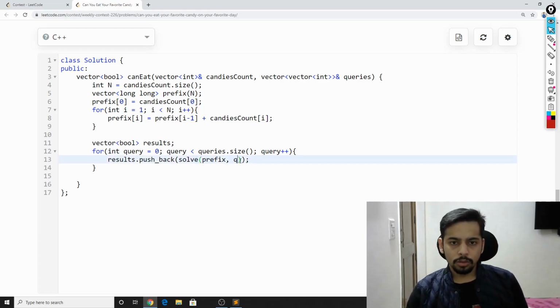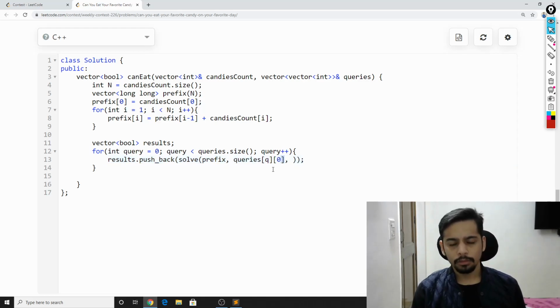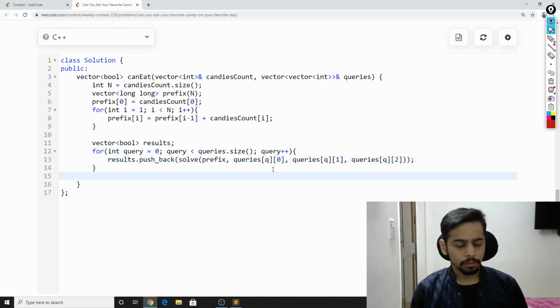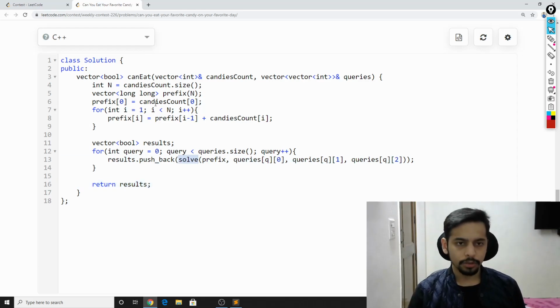Solve prefix q. I'm passing the prefix for sure. We pass in queries at q, sorry, not dot, at 0. This is the crucial information I need to pass in. I can return results. Let's try to implement this function now.